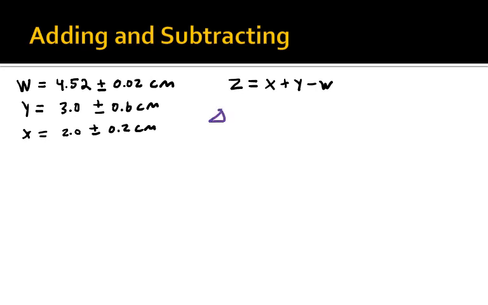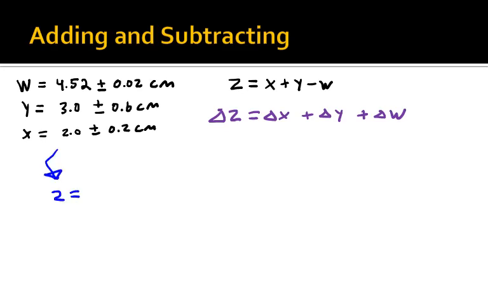So the uncertainty in z is equal to the uncertainty of x plus the uncertainty of y plus the uncertainty of w.